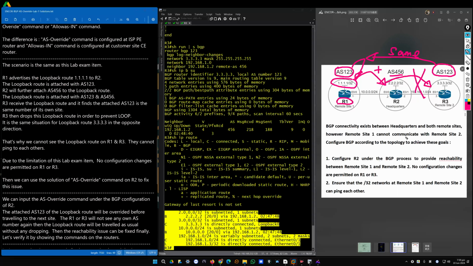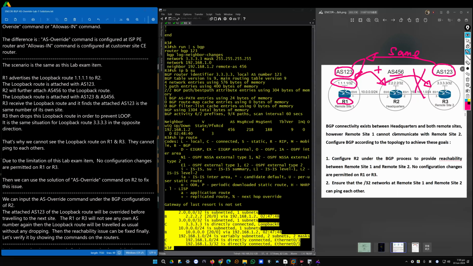It is the same situation for loopback route 3.3.3.3 in the opposite direction. That is why we cannot see the loopback route on R1 and R3.